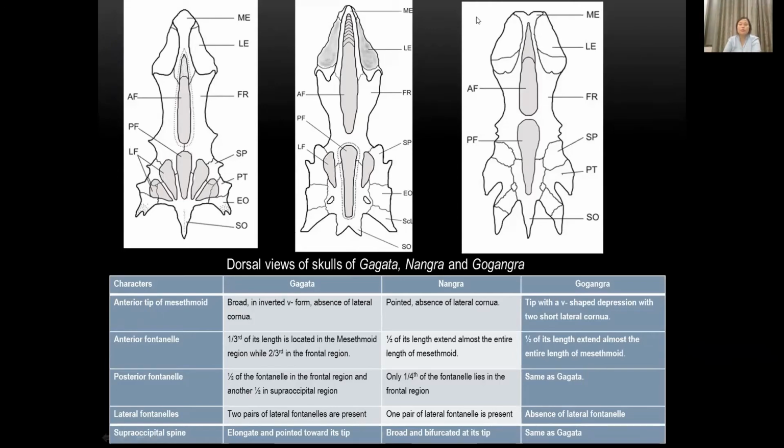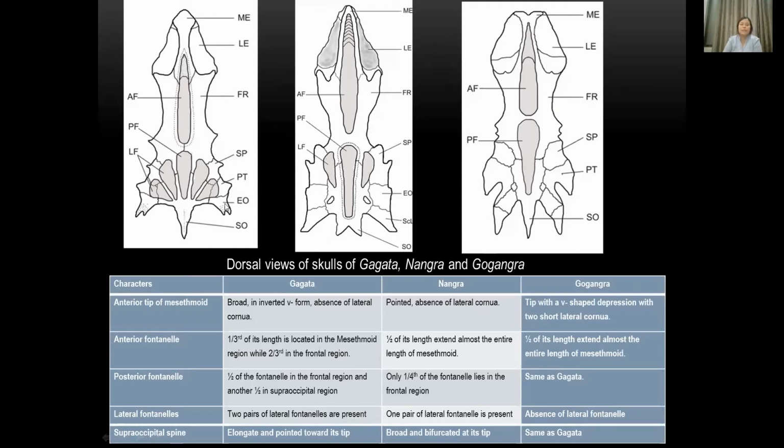This is the lateral cornua which is present in Gogangra, but it is absent in both Nangra and Gagata. Then in Nangra it is pointed and there is absence of lateral cornua, but in Gogangra, the tip is with a V-shaped depression, and we can find two short lateral cornua here.